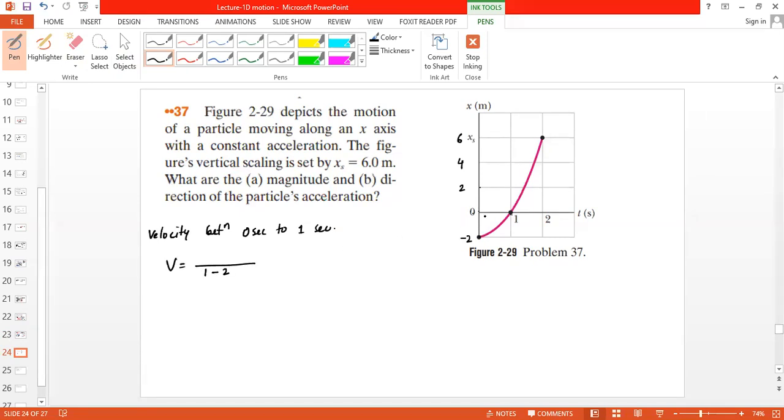Initial time was 0 second and final time is 1 second, so 1 minus 0, and final position is 0, and initial position was minus 2. So 2 by 1, that is 2 meter per second. Is it clear?